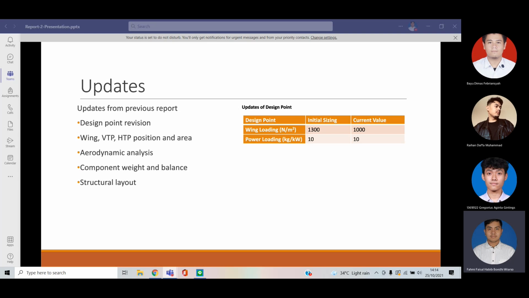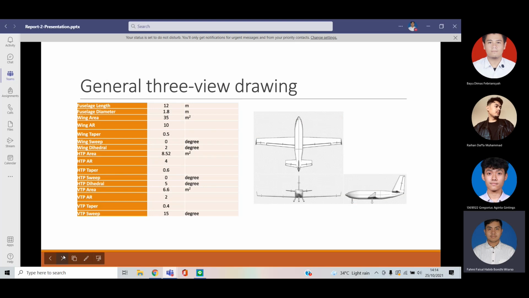Due to that wing loading revision, we have to enlarge our wing area. And then these are some updated general review drawings of our aircraft. The design process of the wing and fuselage will be presented on the next slides.